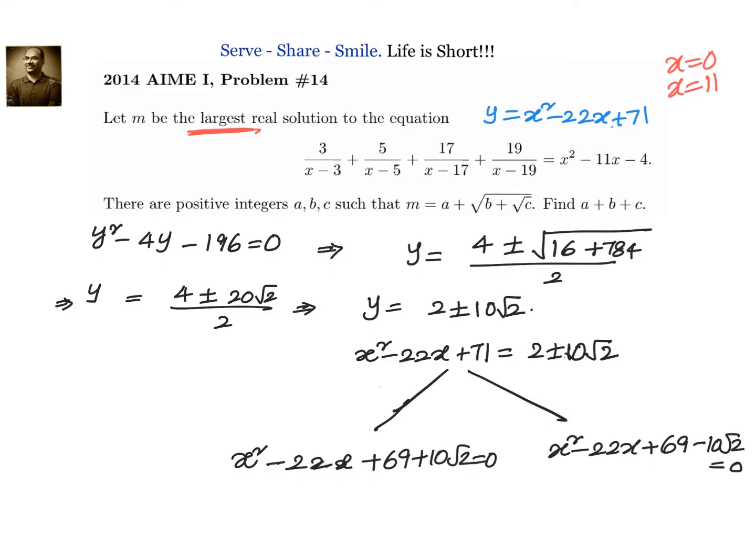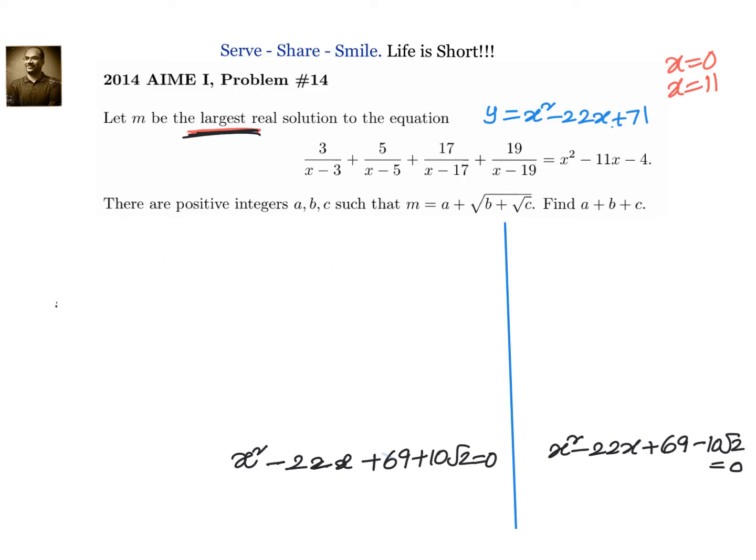Remember, we have two x solutions now, but we need the largest real solution. So let's go to the next step, where we will solve these two quadratic equations of x and find the final value of x. Once we get the x value, we know immediately how to write it in the form of a plus root of b plus root c and find the value of a plus b plus c.